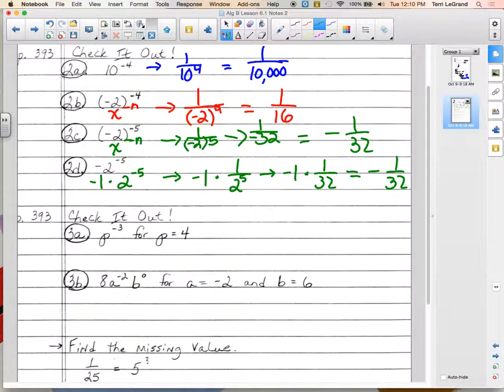Can you think of any times that would not happen? Isaac? If 5 was positive. Well, they would still have the same answer if it was a positive 5 instead of a negative 5. That wouldn't make any difference.